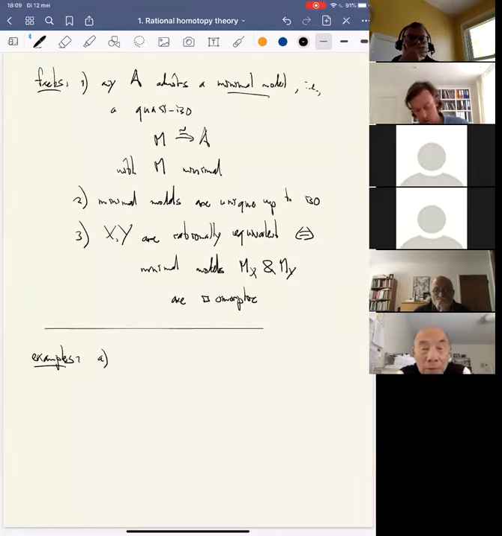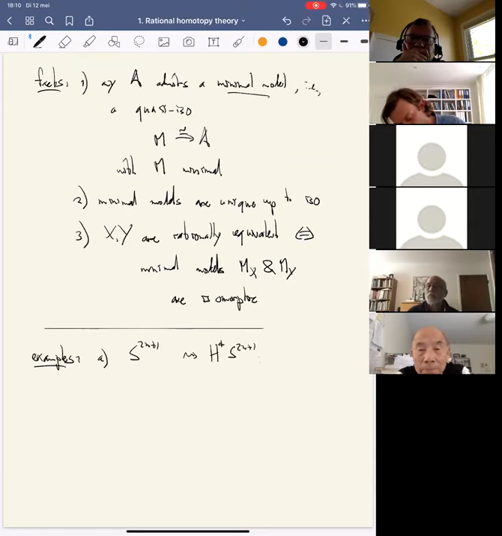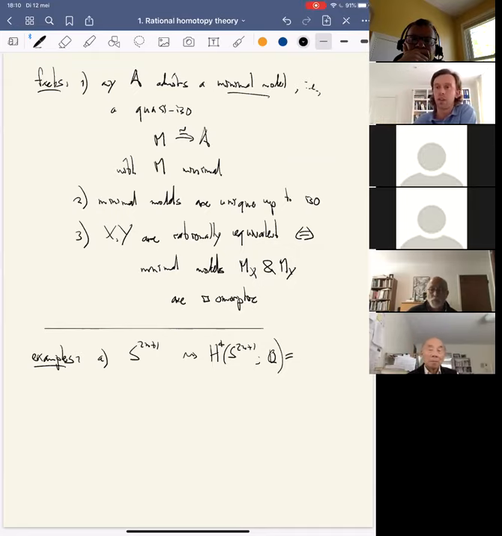Let's first do S^{2n+1}. Well, of course, the cohomology of S^{2n+1} with rational coefficients is like the cohomology of a sphere, always a square 0 algebra. The generator always squares to 0. But if the generator is in odd degree, that's the same as being free.